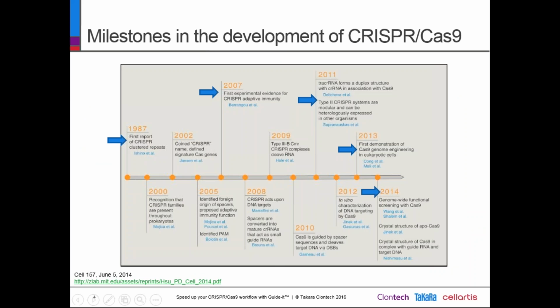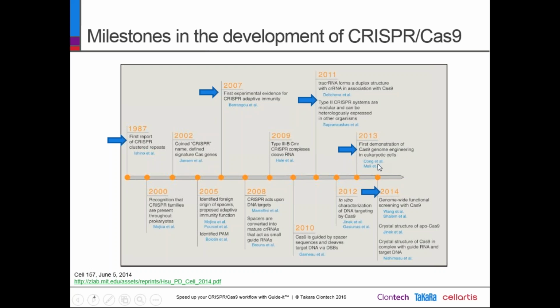So the first reports of these CRISPR arrays were already published back in 1987, but then it took 20 years to discover that this whole system is indeed a system of adaptive immunity. And I would say the whole breakthrough of this CRISPR-Cas technology is quite recent, and it dates back to 2011 and 2013, where it has been shown that CRISPR systems can also be expressed in other bacteria, for example in E. coli.